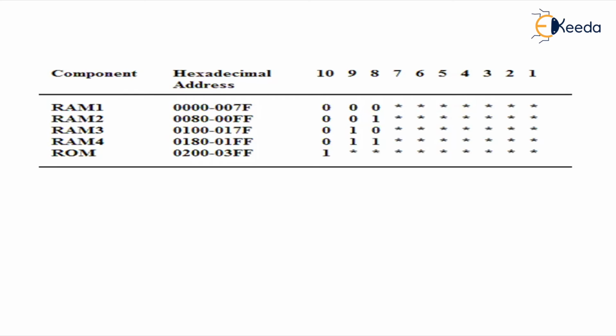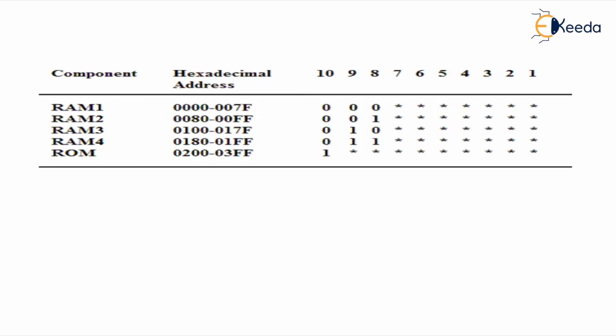When it comes to RAM 2, the hexadecimal address is 0080 to 00FF. Line 10 is 0, line 9 is 0 and line 8 is 1, and again the rest of the components are 0. RAM 3 is 0100 to 017F, that is 010, and the rest are 0.